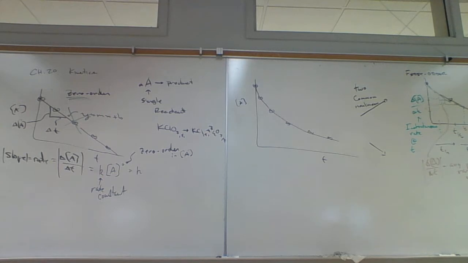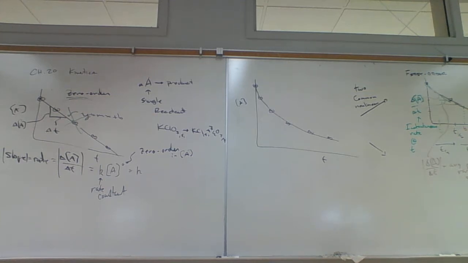And so the way we do that is by this. We use a little bit of calculus here. Calculus is not required for this class, but if you use some calculus, then we can get these equations to fit this. And the equations we get, there are two forms for this one. One form is the ln of the concentration at time t is equal to minus kt plus the ln of the concentration at time 0.